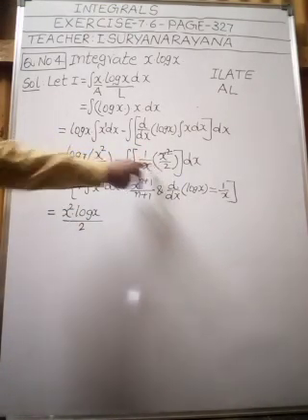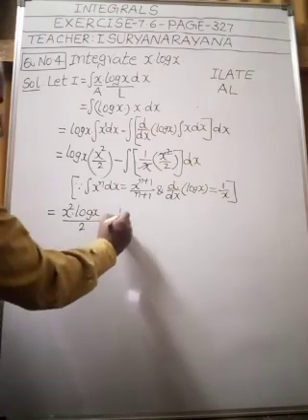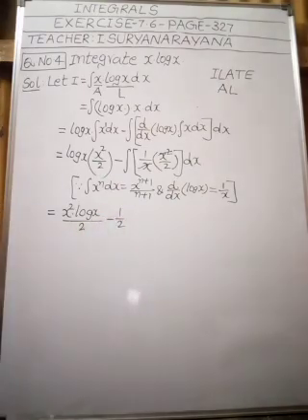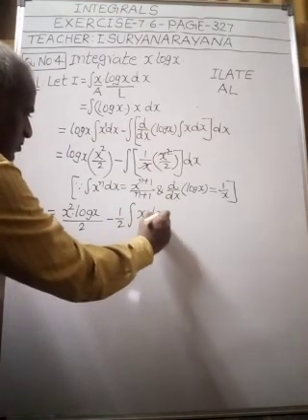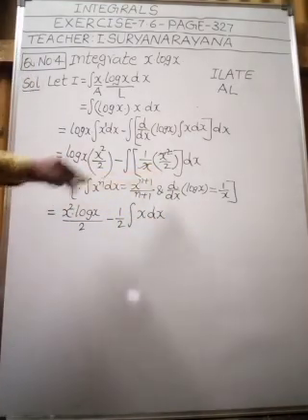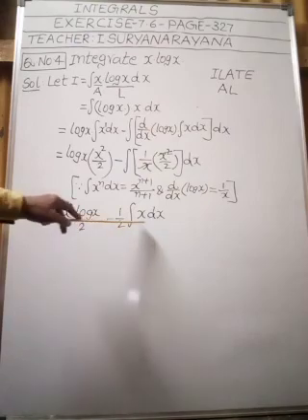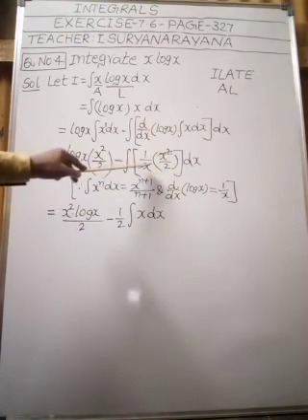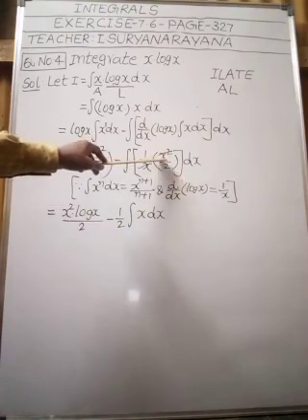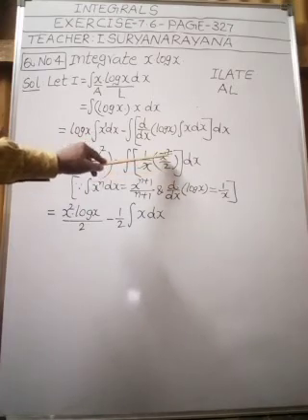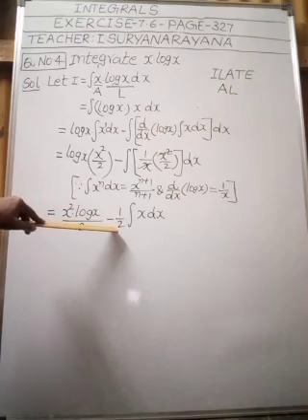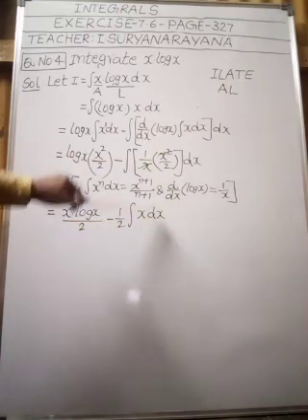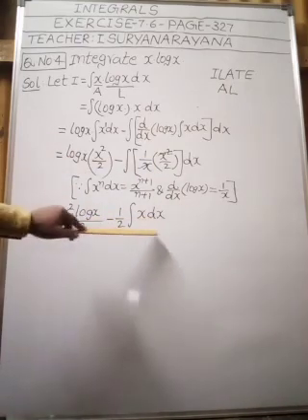So 1 by 2 can be written as outside numerical coefficient, and finally what will we get? Integral x dx. Understood this here? 1 by 2 integral x dx, my dear children. Here x gets cancelled. What will be left here? x by 2. So 1 by 2 can be written as outside numerical coefficient integral x dx. Okay, my children, understood this one?